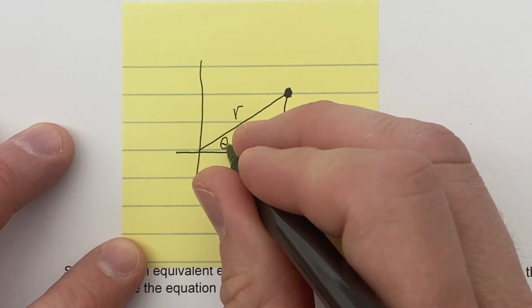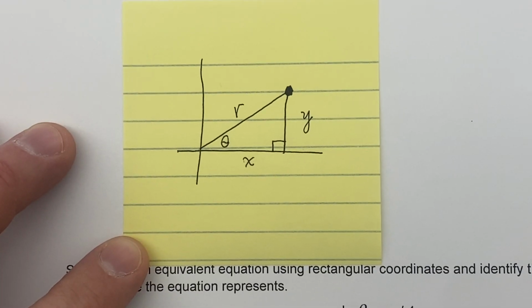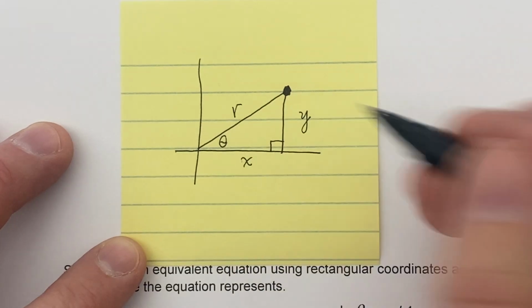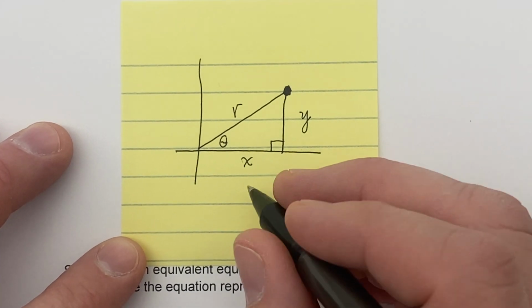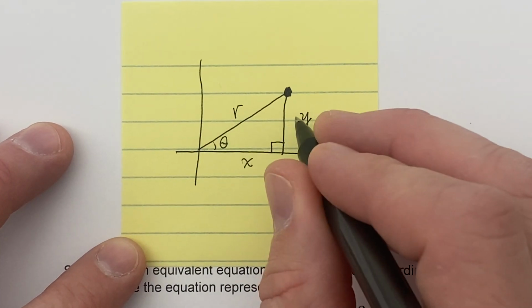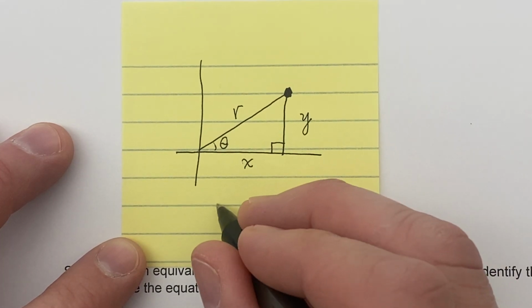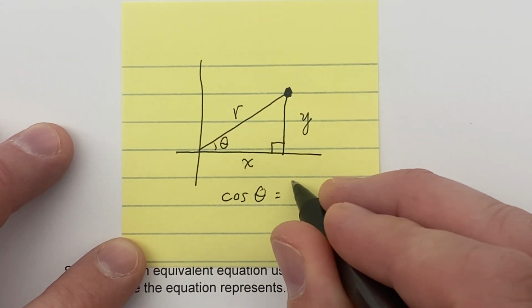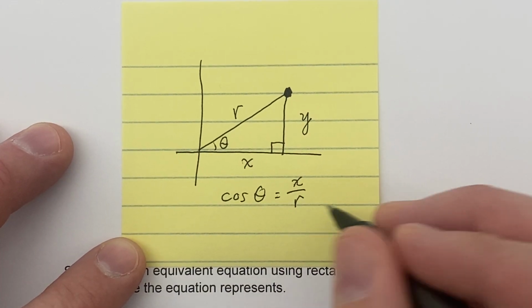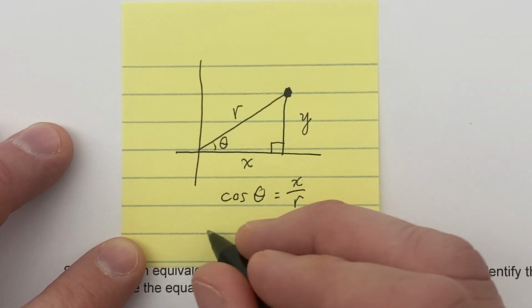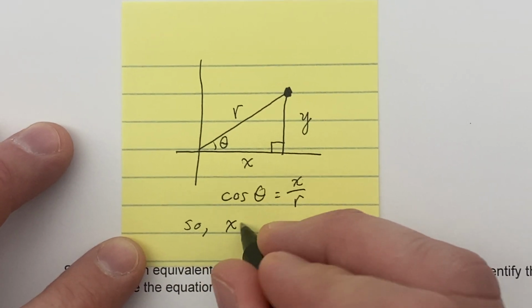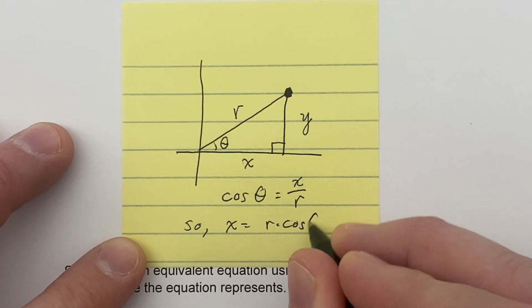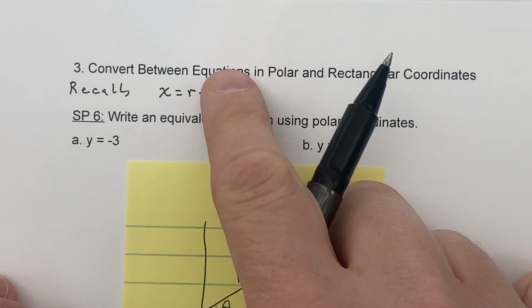Theta was the angle measure off of the polar axis. We could use our trig functions. If we do x and r, that would be cosine. Cosine of theta is equal to adjacent over hypotenuse. If we solve for x, x is equal to r times cosine of theta, exactly what we read up above.